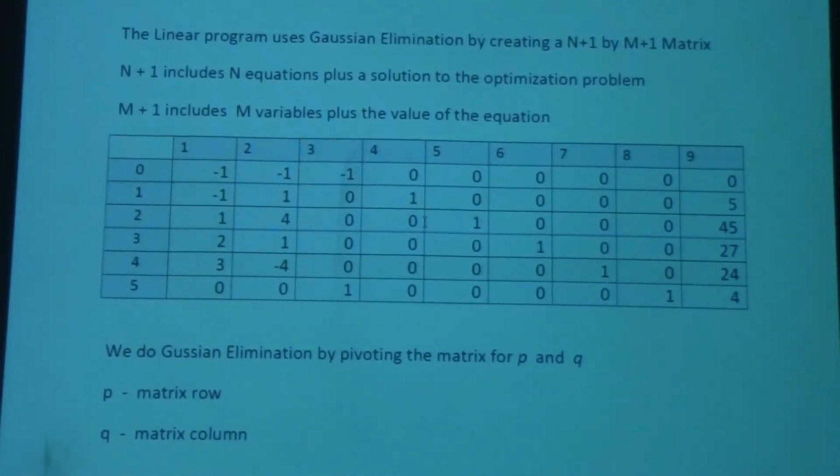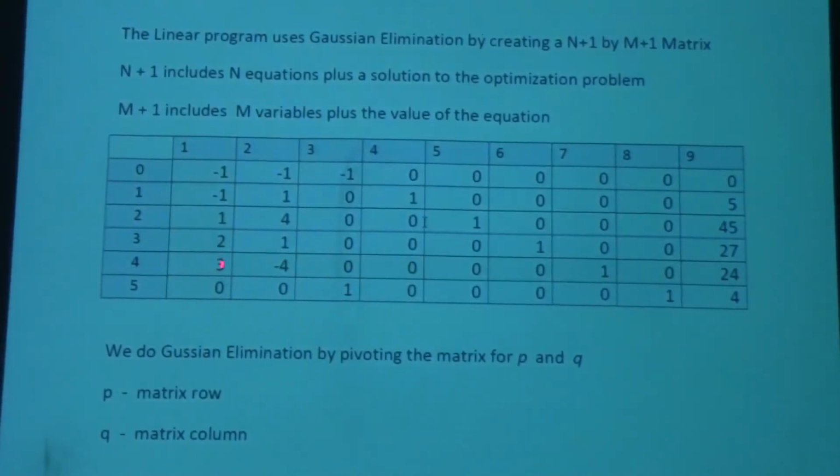So if you have the variable x1, you must have some type of a number here in the x1 column, but everybody else has to have a 0. So for example, if I want variable 1 to appear in equation 4, then I have to divide equation 4 by what?